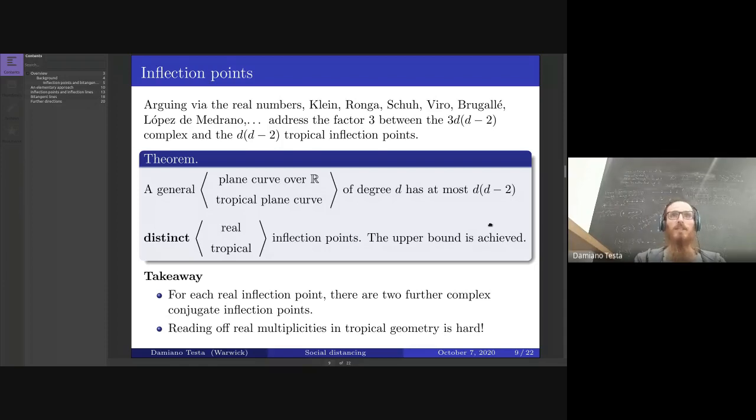And so the argument in that case, that you can find in work of Klein, Gronga, Shu, Viro, Brugalet, Lopez de Medrano, is that the factor of 3 between the number of inflection points and the number of tropical inflection points can be justified by observing that a plane curve over the real numbers actually also has this number of inflection lines, which is divided by 3 from the complex one. And the upper bound is achieved.